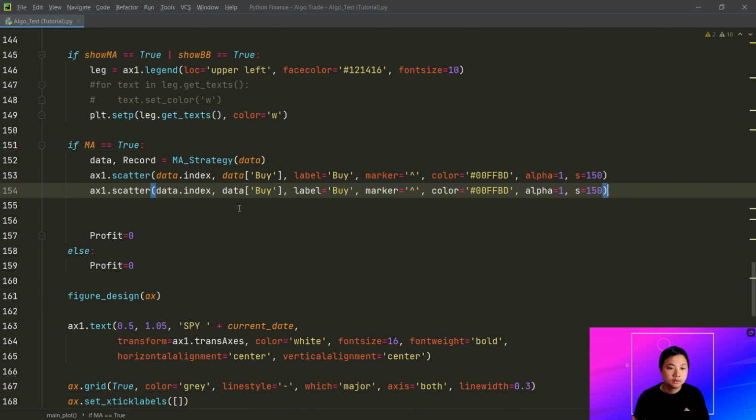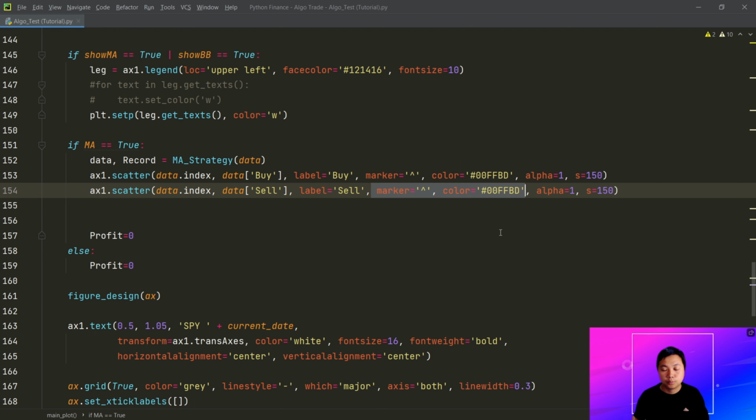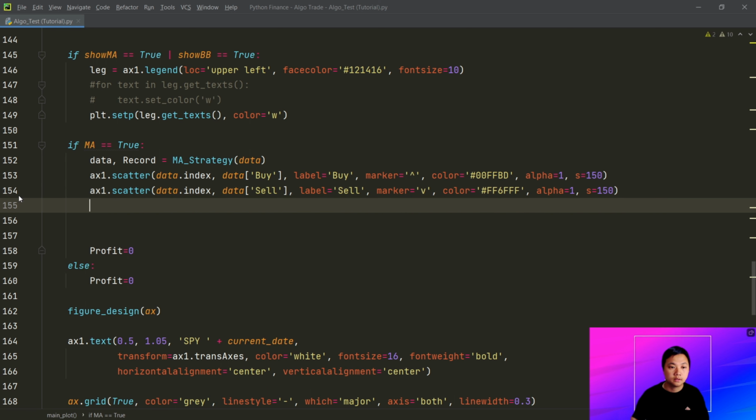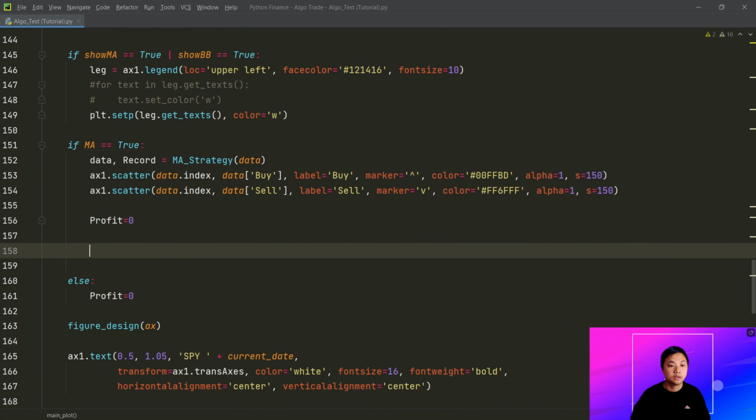For the sell, I just change it to the sell, and the marker, and the color. The marker is pointing downwards, and the color is pink, and that is the scatter plot.